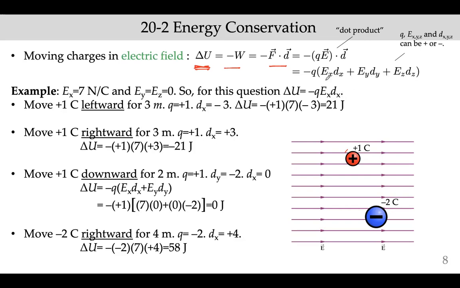These are now scalars, just numbers, not vectors. These are just components. Here Q, and these components of the electric field and the components of displacement, can be positive or negative, depending on their direction.